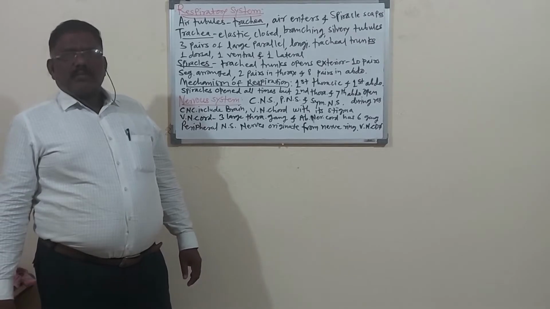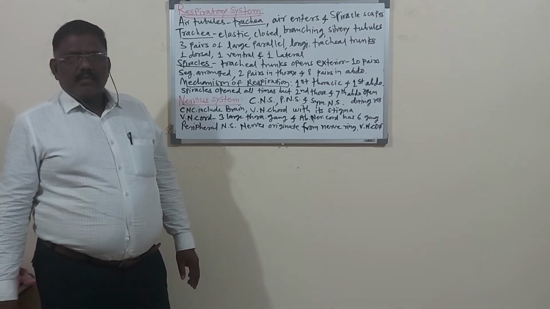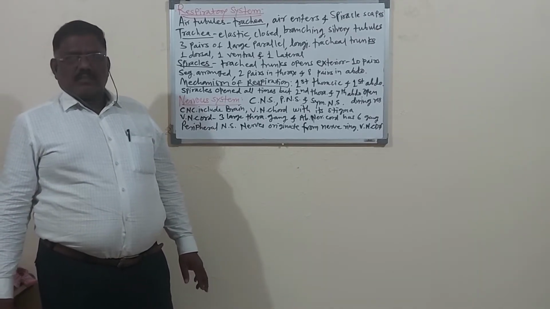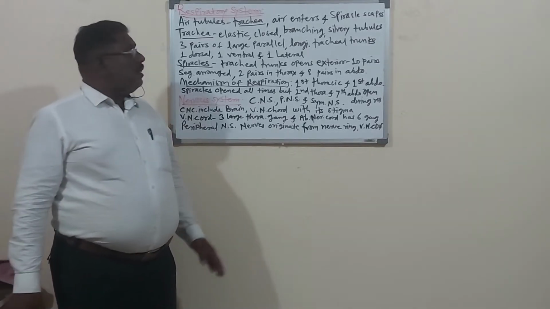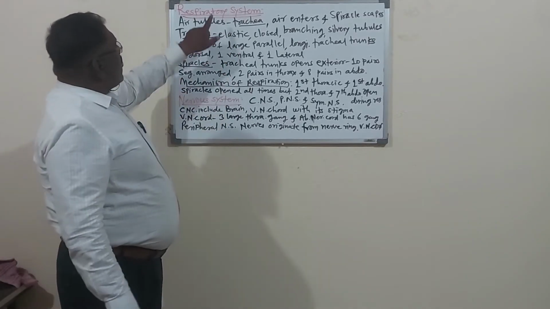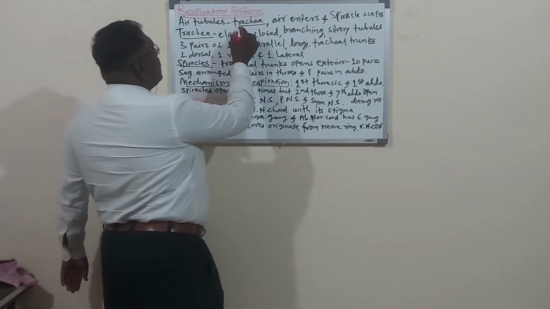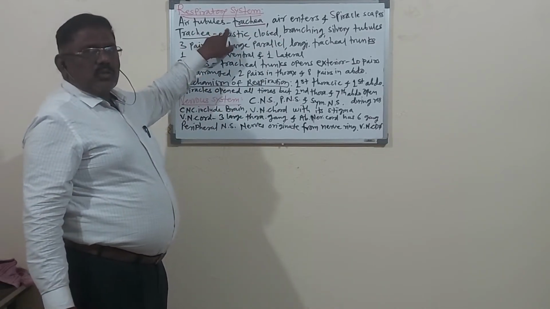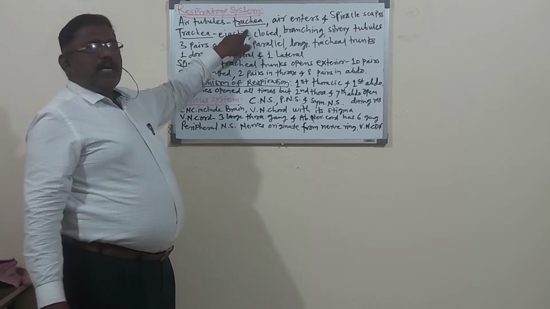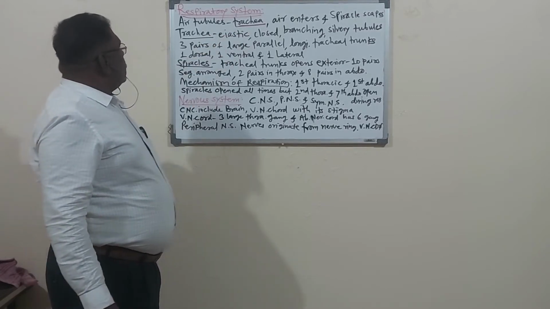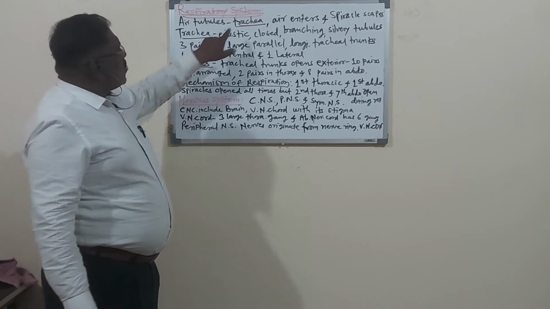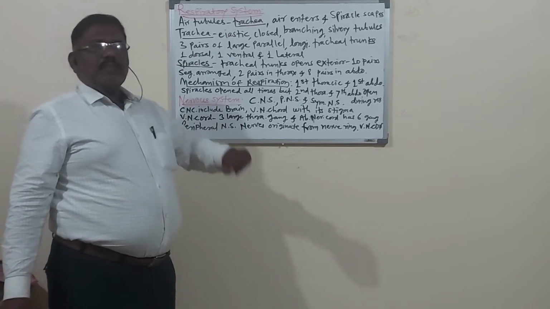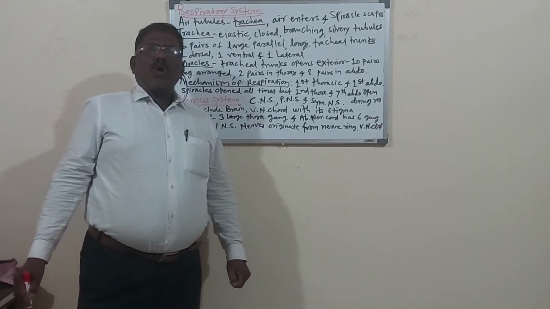In the scorpion, the respiratory organ is book lungs, and in the cockroach, the respiratory organs are the trachea, which are air tubules, and the spiracles.